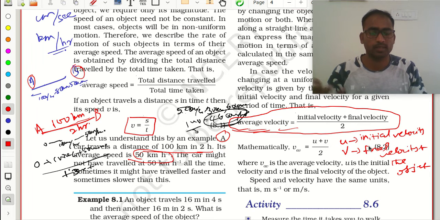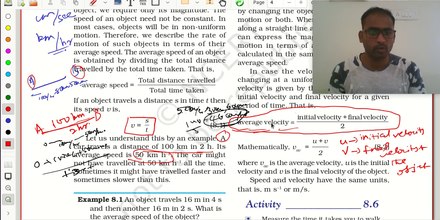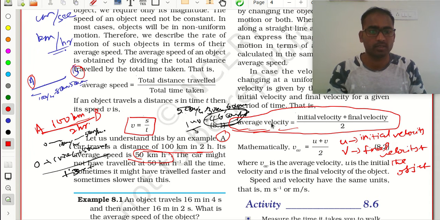Next we need to understand the units of velocity. Velocity is nothing but speed with the extra part of direction, so the magnitude of velocity and the magnitude of speed are the same.